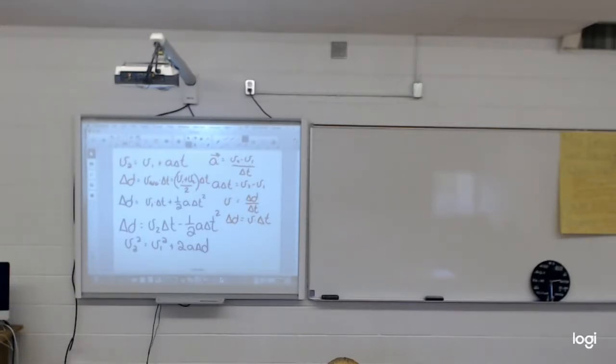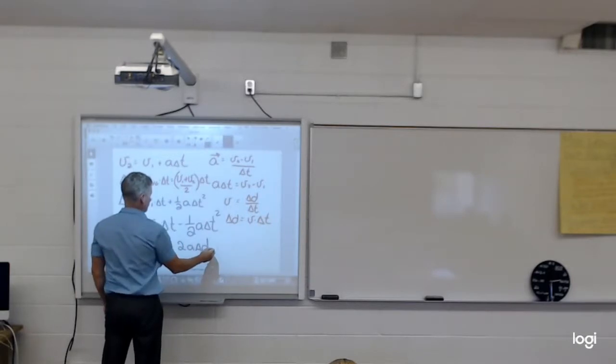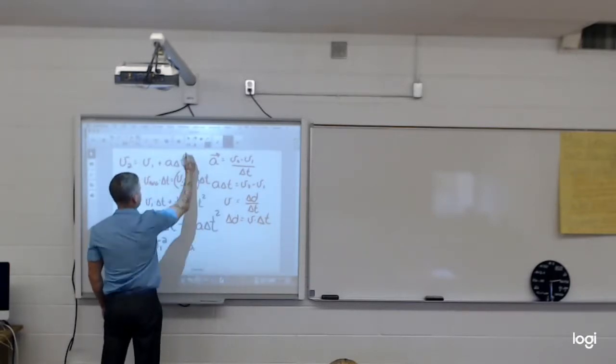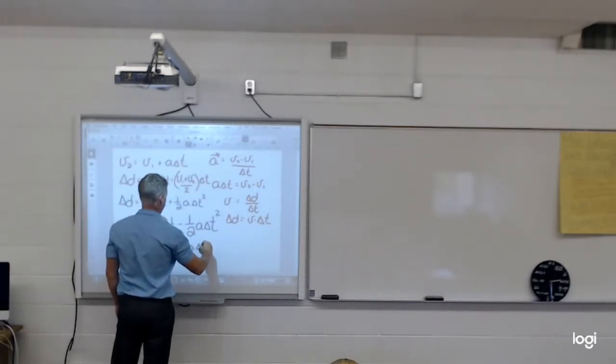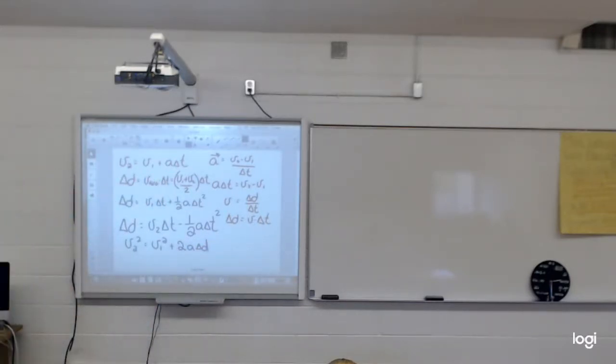Now if you look, there's 5 equations here. Each of those 5 equations has 4 unknowns to it.